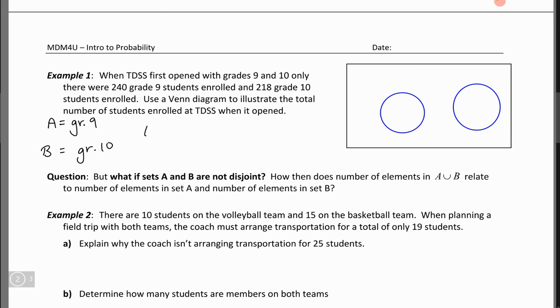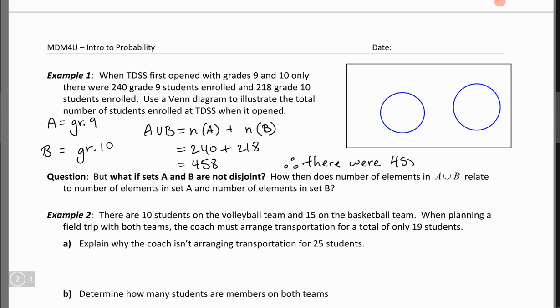So we're going to say the union of A and B is equal to the number of elements in A plus the number of elements in B. Okay, and that's equal to 240 plus 218, and that's equal to 458 students. So therefore, there were 458 students enrolled.